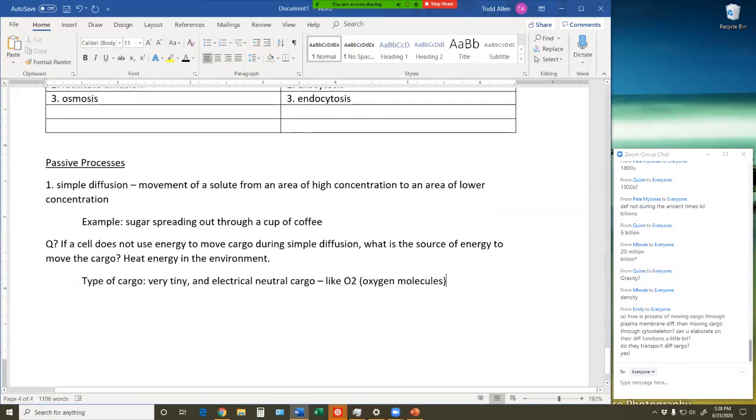Okay, let's continue here. All right, the second type of passive process is facilitated diffusion.